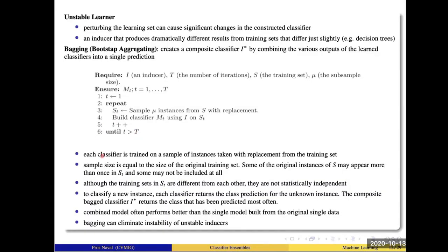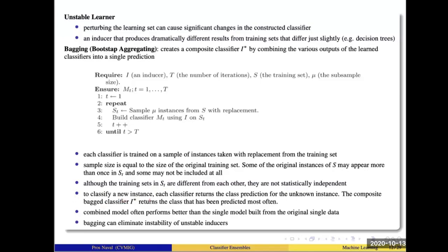So in this case, each classifier is trained on a sample of instances taken with replacement from the training set. Then the sample size is equal to the size of the original training set. Some of the original instances of S may appear more than once in S_t, and some may not be included at all. Although the training sets S_t are different from each other, they're not statistically independent.